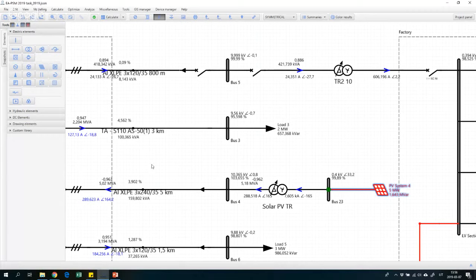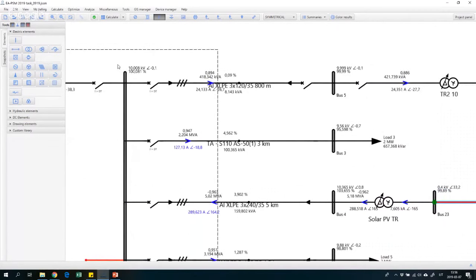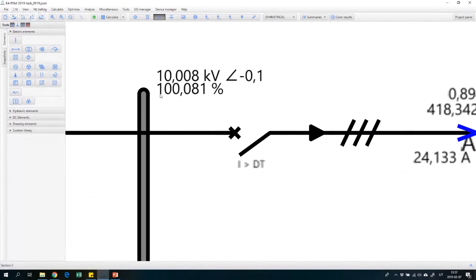We want to evaluate how much this will affect the voltage. Let's go back to the voltage: it was 100% before, and now when I repeat the power flow calculations with the solar power plant disconnected, I can see that the voltage is 99.5%, if we round up to the bigger number.